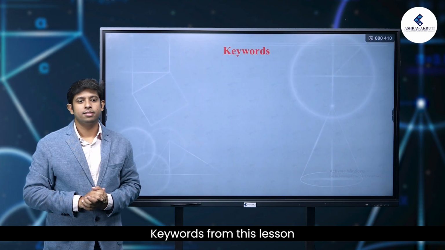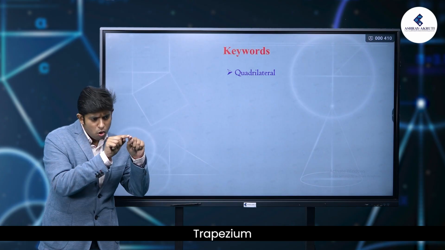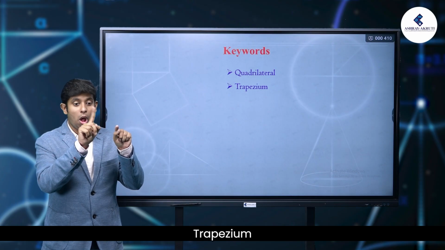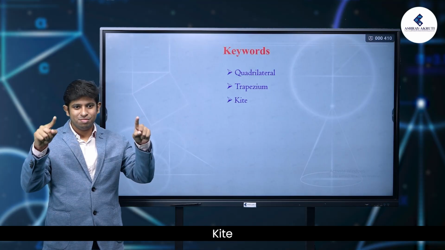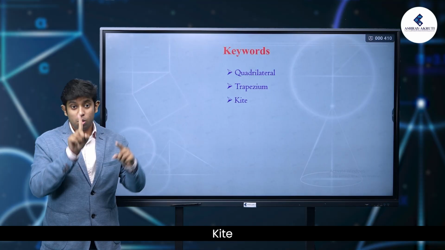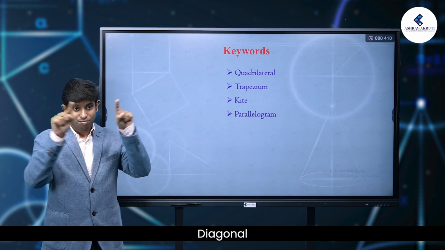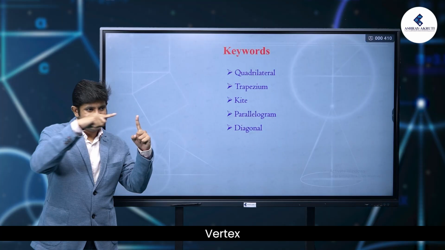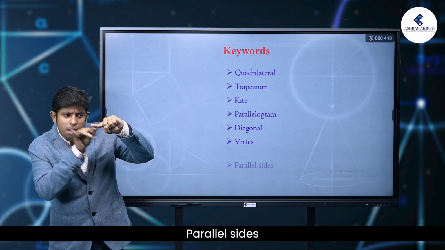Keywords from this lesson: quadrilateral, trapezium, kite, parallelogram, diagonal, vertex, parallel sides.